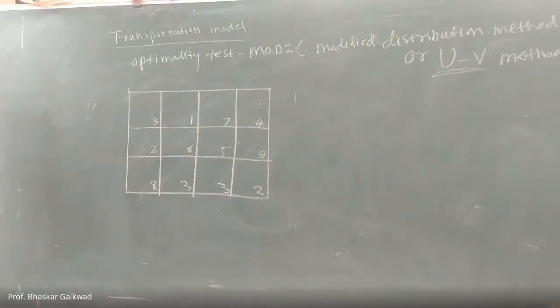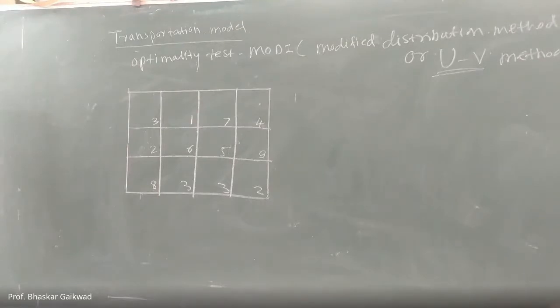Already in our first method, the northwest corner method, we have taken this problem. Now, initially, we have to solve this problem using the northwest corner method to get the initial basic feasible solution. And after this, you have to go for testing. How much will these solutions get the optimum solution?